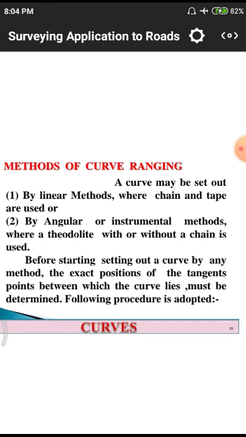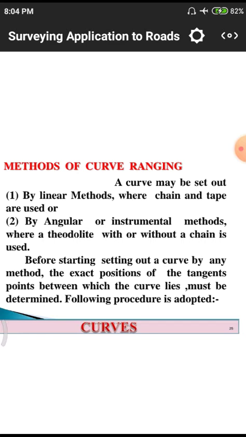Nowadays they simply use tapes, which are made of invar material, that means non-saggable. It is not sagging and hogging. Due to that, the majority of surveying prefers tapes for linear measurements nowadays.